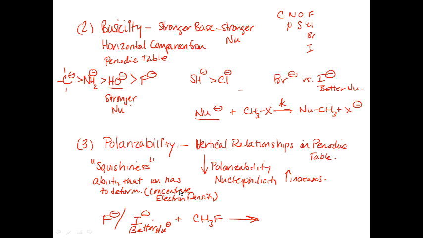Why is that? Well, what do we know about size as you go down the periodic table? What happens to the size of the ion? Well, as you go down the periodic table, size increases, right? And so this idea of polarizability says that the bigger the ion, the more ability you have to deform the electron density and to concentrate it.